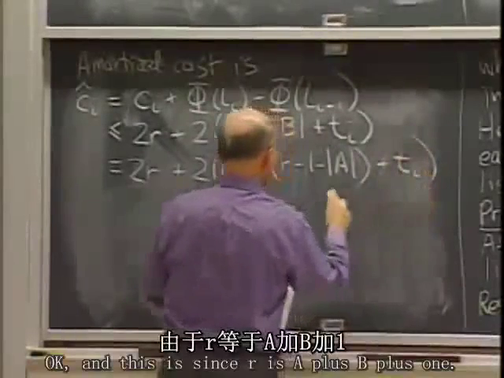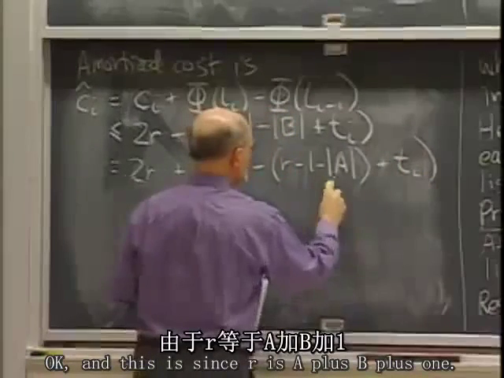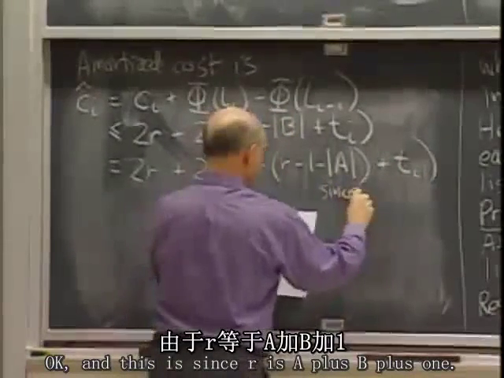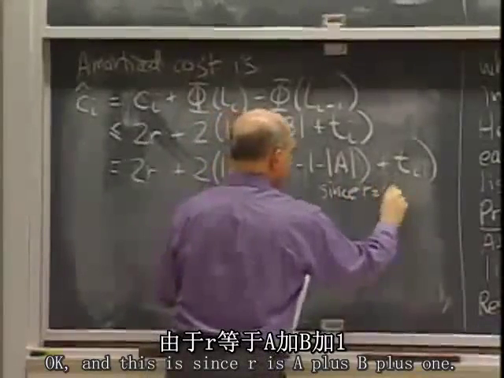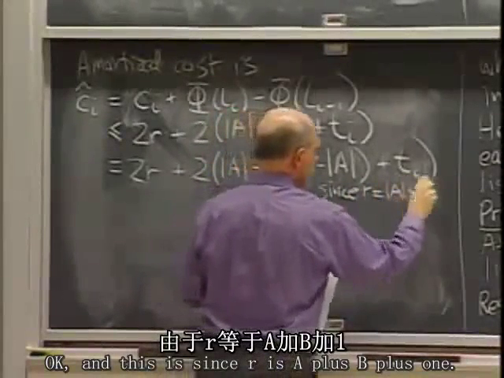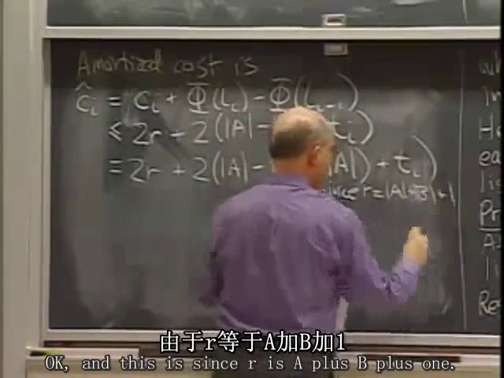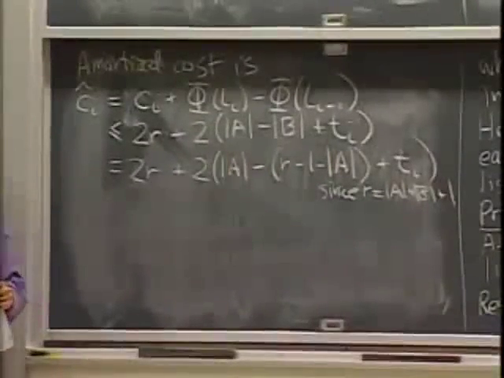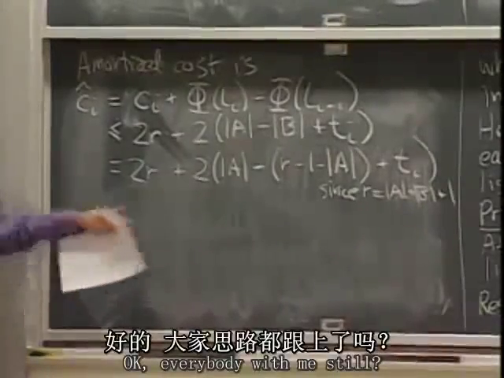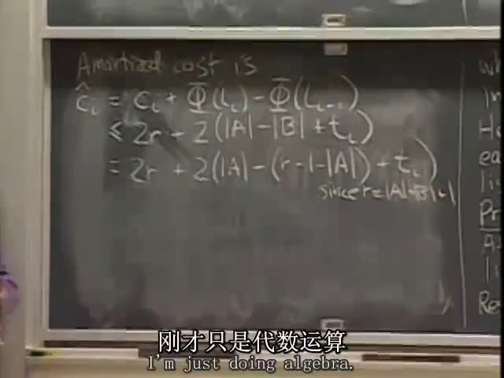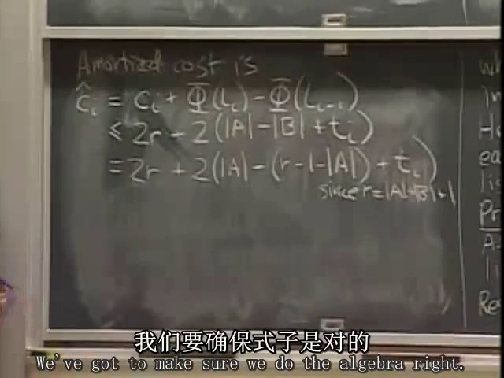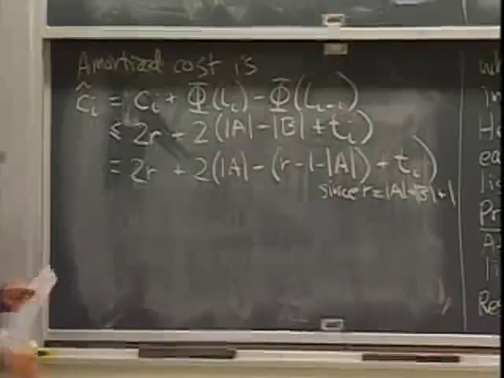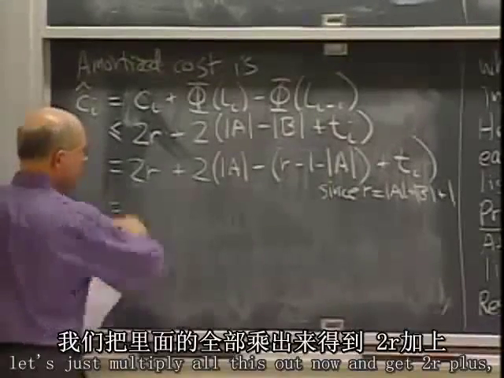And this is since r is A plus B plus 1. Everybody with me still? Just doing algebra. But we've got to make sure we do the algebra right. So that's equal to, let's just multiply all this out now.